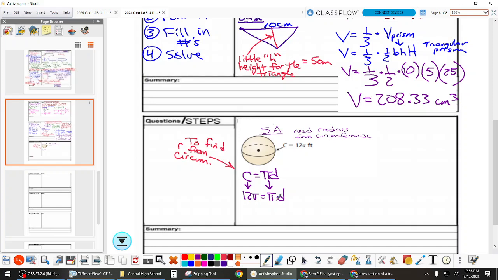So how do I get D by itself at this point? Divide pi off. Okay, and then D is 12, but we don't want D, we want r. So what is r? Okay, so r is half of your diameter.